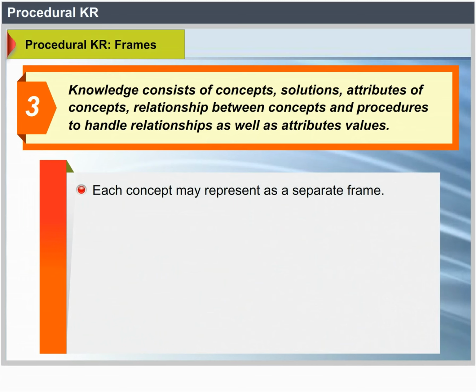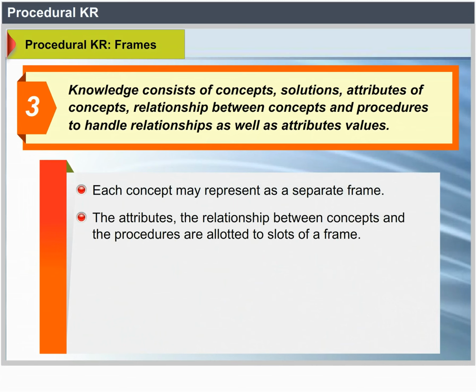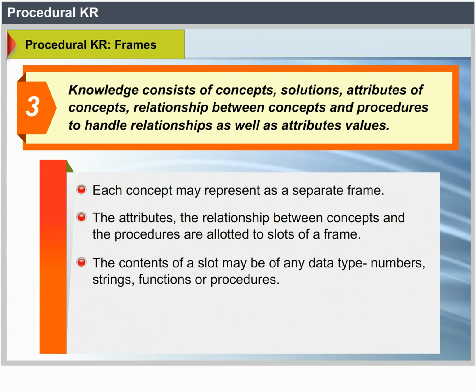Each concept may be represented as a separate frame. The attributes, the relationships between concepts, and the procedures are allotted to slots of a frame. The contents of a slot may be of any data type: numbers, strings, functions, or procedures.